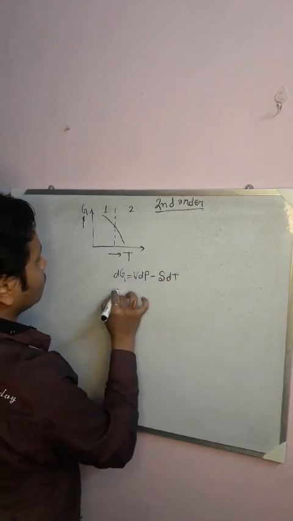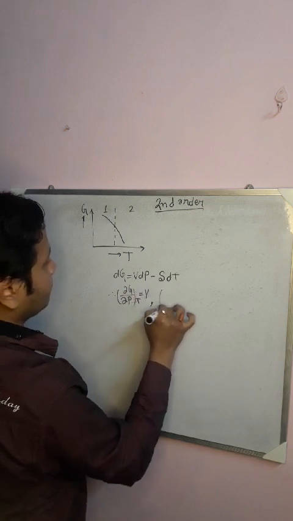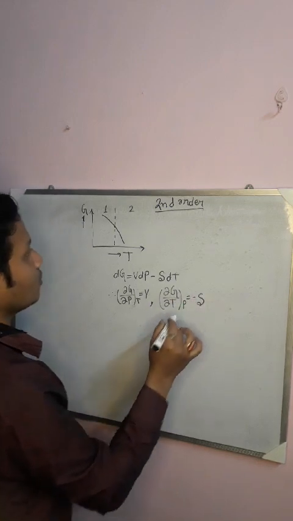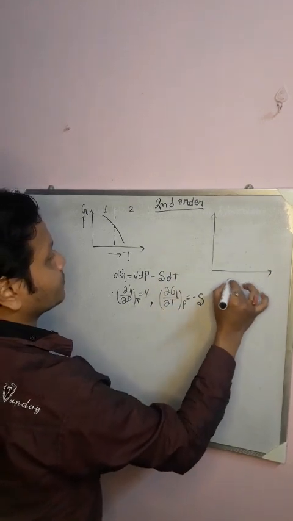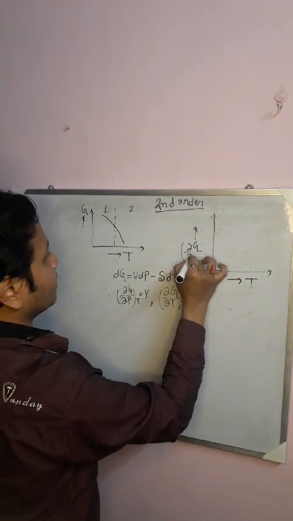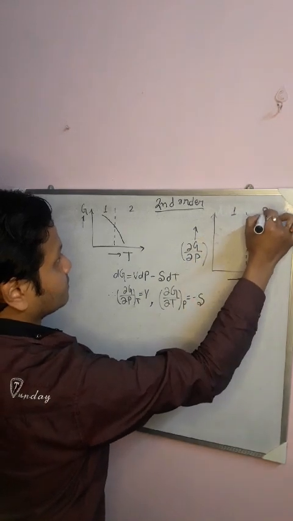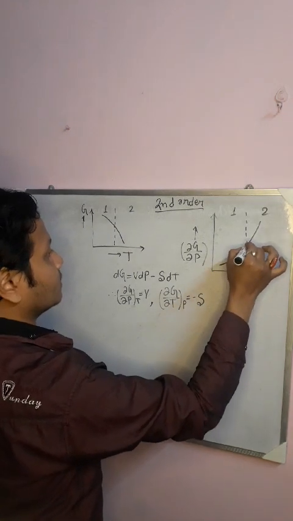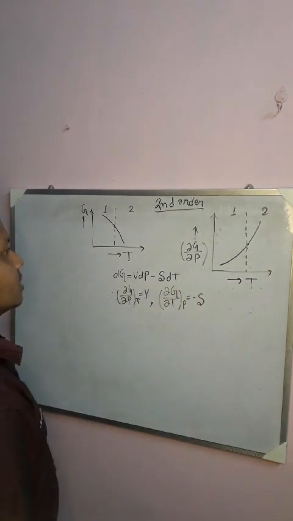So here del G del P at constant temperature is V and del G del T at constant pressure will be minus S. So if we draw the first order derivatives with respect to temperature, say this is temperature and take any first order derivative, that is del G del P, and suppose this is the transition line, this is the initial phase, this is the final phase, then it will also be continuous. Okay, this happens for second order phase transition.